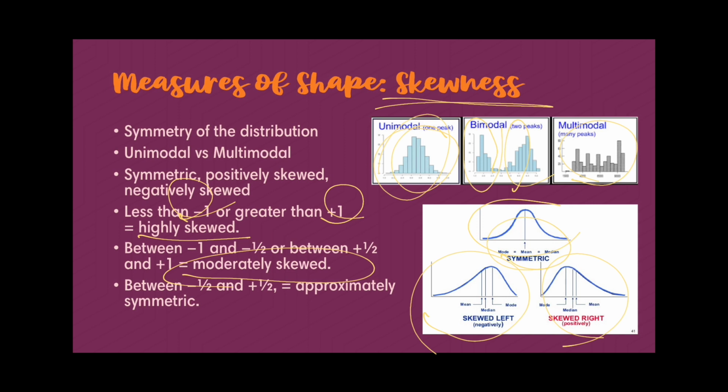And then if it's less than plus minus 0.5, then it's approximately symmetric. So in order for us to say that it is really assuming a bell curve, we would hope that it's less than 0.5 for us to say that the distribution of a given continuous variable in your population or in your sample is actually symmetric.